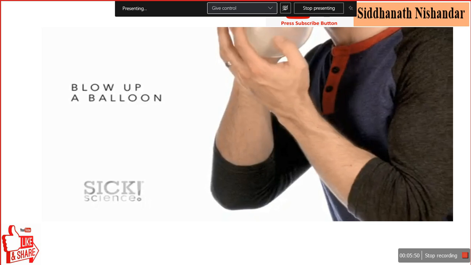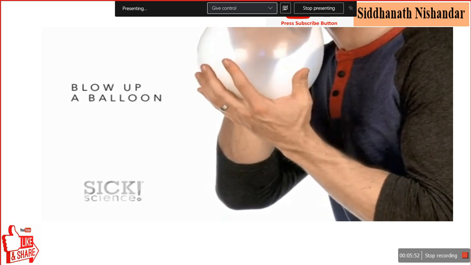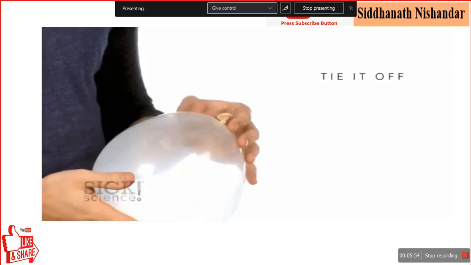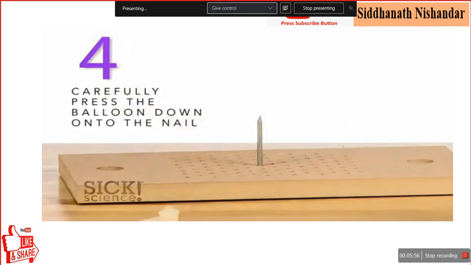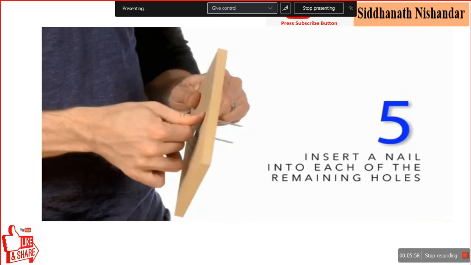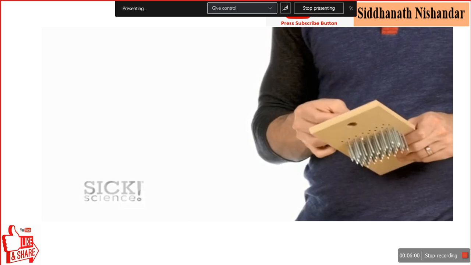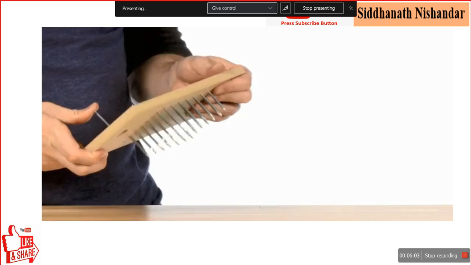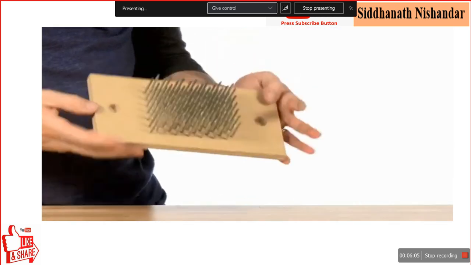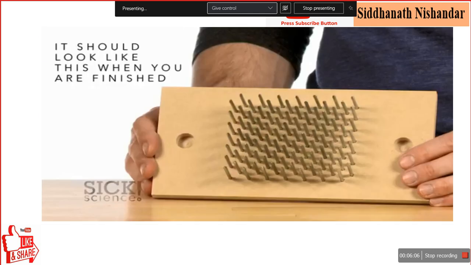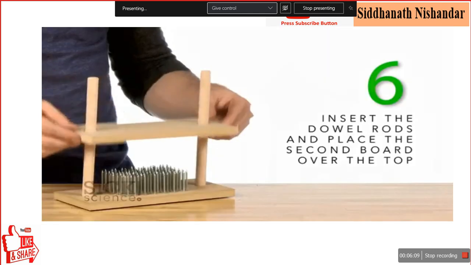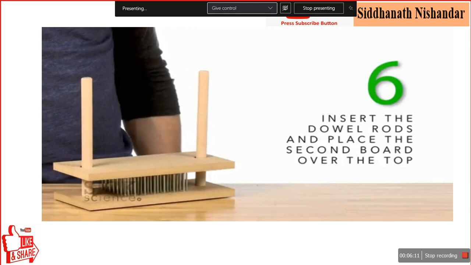One nail, okay, blow up the balloon. We put a number of nails on that wooden board. If you observe, there is a single balloon, and when we put it on a single nail, it easily bursts. So what happened when you apply pressure on a number of nails? What happened to the balloon? See what the magic is.